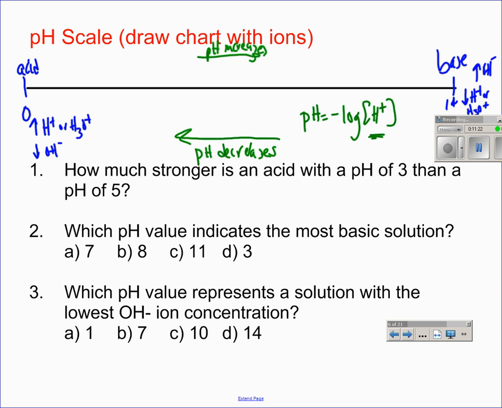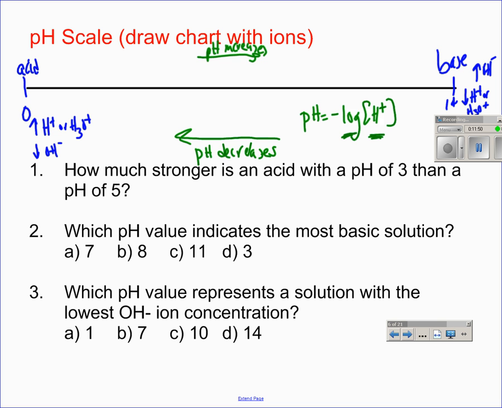So pH is all about the H+ or the H3O+ concentration, and it's logarithmic. All you need to know about that is that each jump in pH represents a tenfold change in the H+ ion concentration. So if you are getting more acidic, you're going to increase the H+ ion concentration 10 times for every jump.